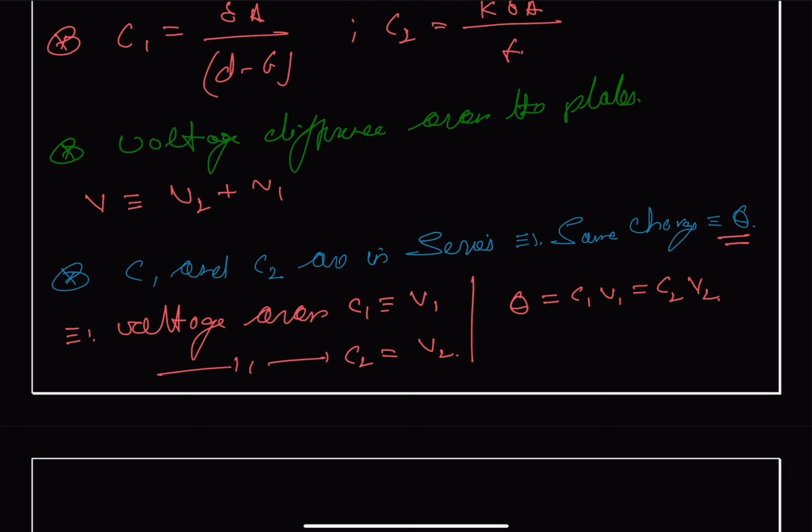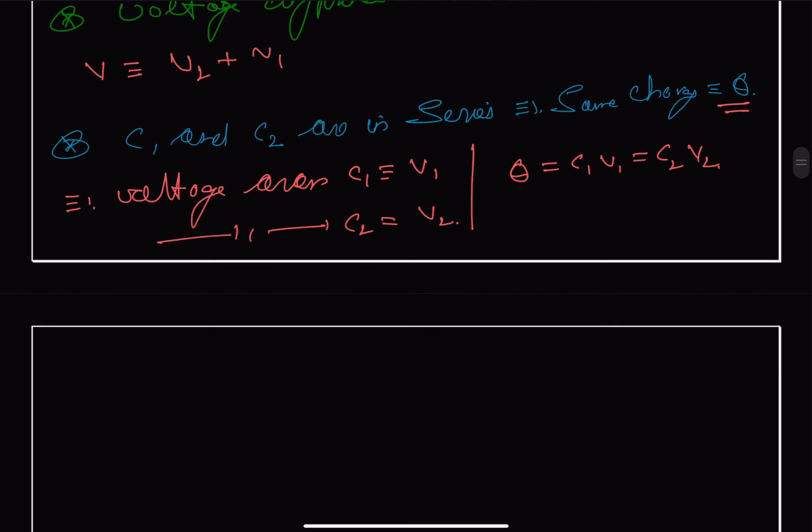But we know that the total voltage, suppose that is V, equals VC1 plus VC2. Let me call these VC1 and VC2; later on we can substitute them.